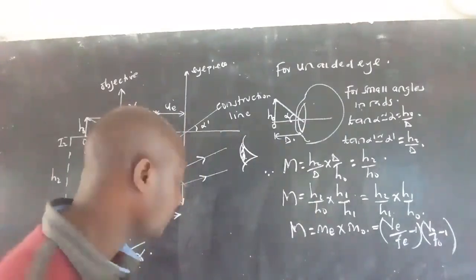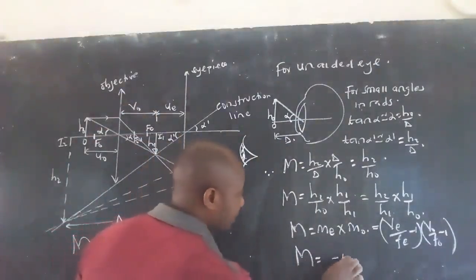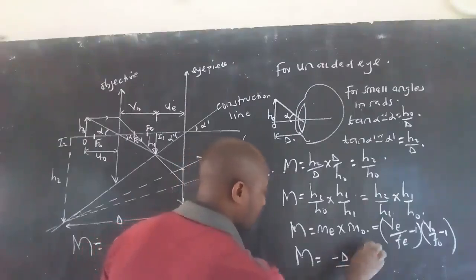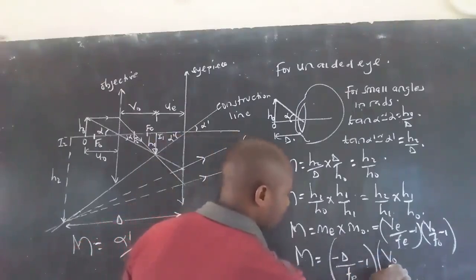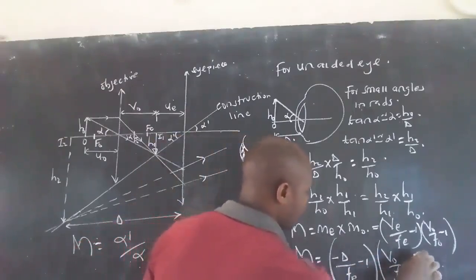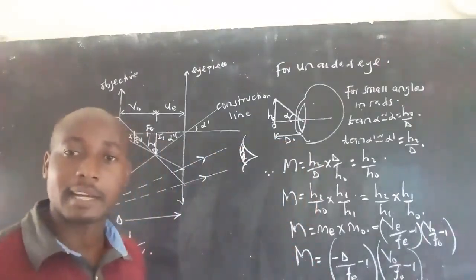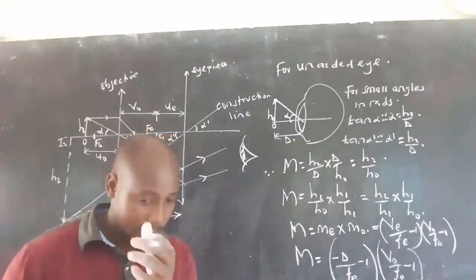So that means our magnifying power M will become negative D over FE minus 1 times V0 over F0 minus 1. That is the equation for the magnifying power of a compound microscope in normal adjustment.